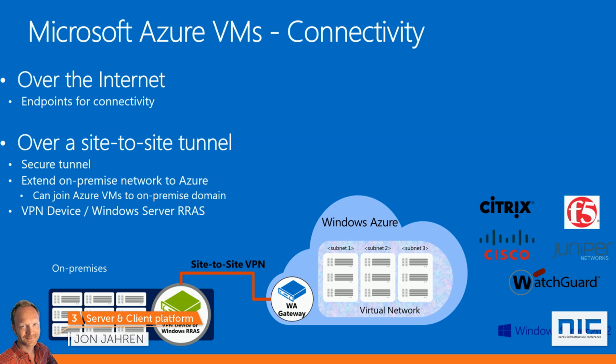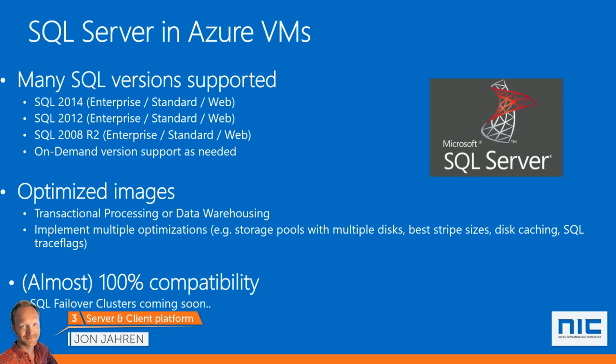So you can join your Azure VMs to your on-premises domain. And typically in that kind of hybrid environment, you will also have your domain controllers synced with a secondary domain controller in Azure in order to have your services work with the same service accounts both in Azure and on-premises. So that's a typical environment for those.